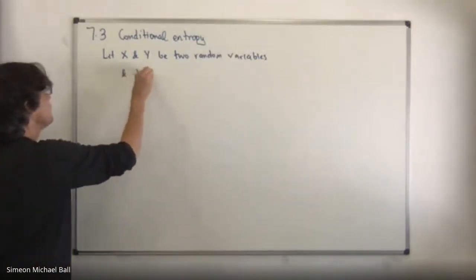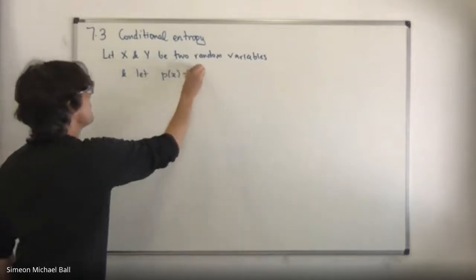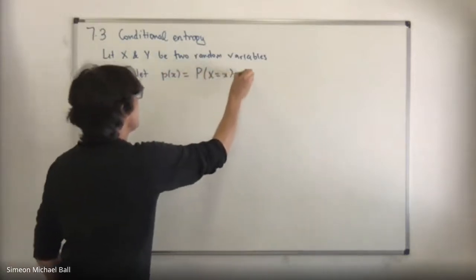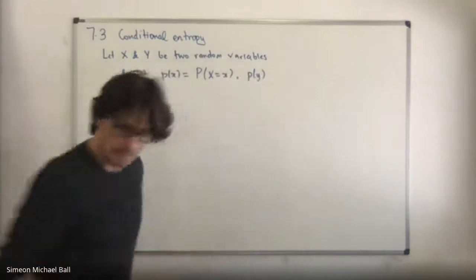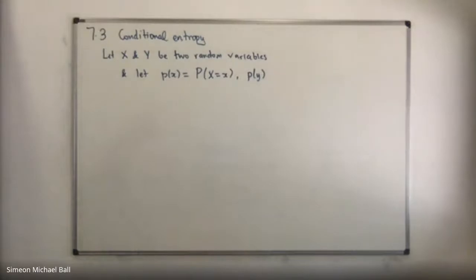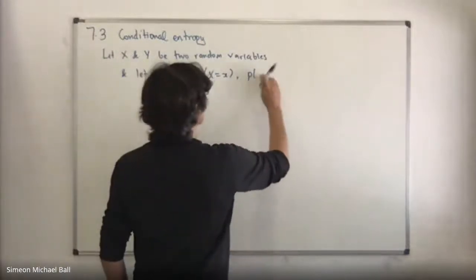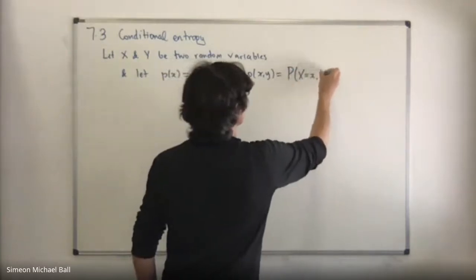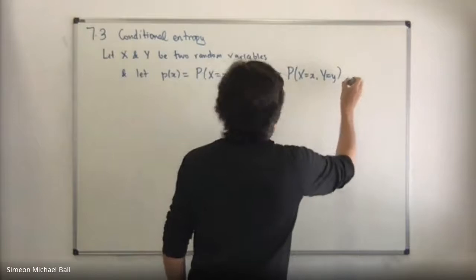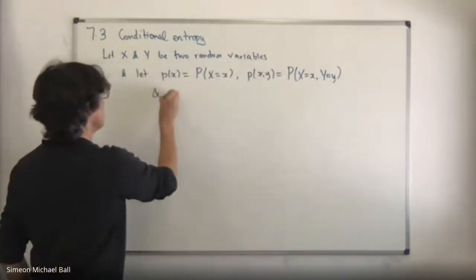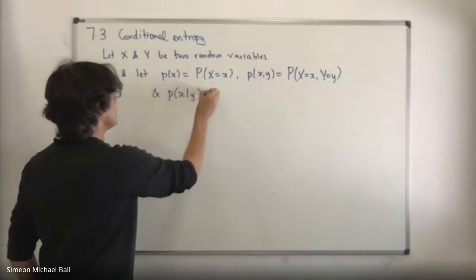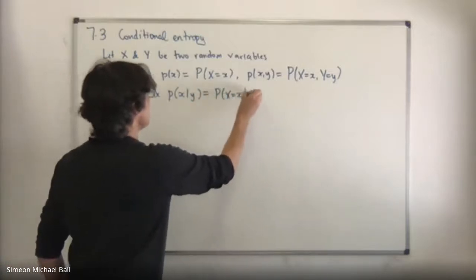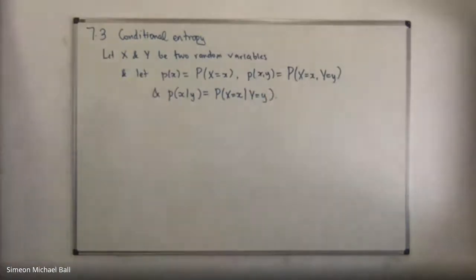Let P of x be the probability x is x, P of y the probability y is y, P of x, y the probability x is x and y is y, and P of x given y the conditional probability. I'm just going to use that shorthand notation, otherwise it's all going to become a bit of a mess.